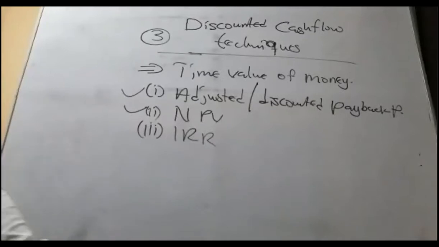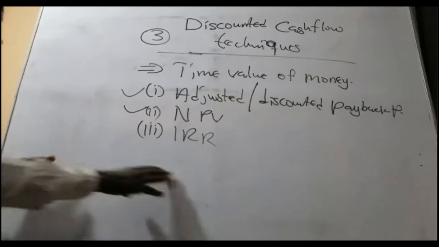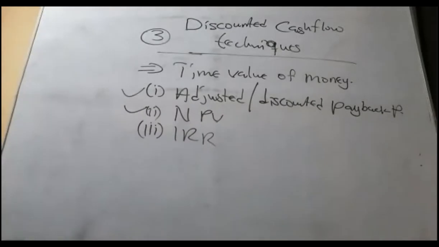So now let's start with the adjusted or discounted payback period. There are 2 types of payback. We have the normal payback without any discounting. Then we have the discounted payback period. In the normal payback period, we don't discount the cash flows.